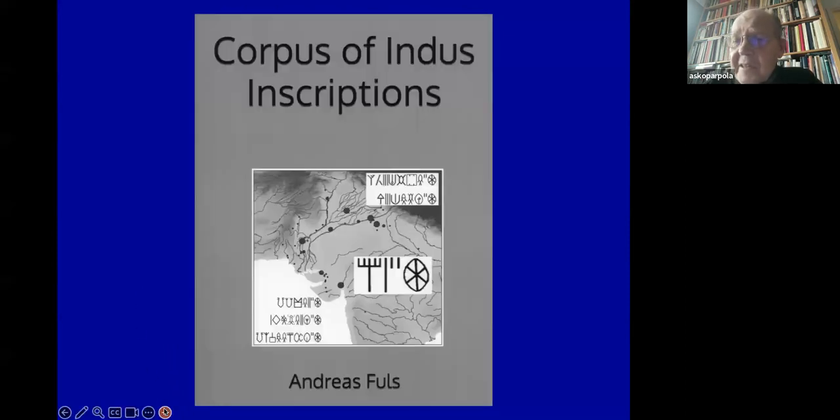In 2022, Fuls published Corpus of Indus Inscriptions, containing 4,660 inscribed artifacts from 73 sites, arranged in alphabetical order.